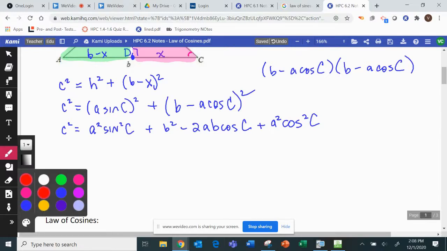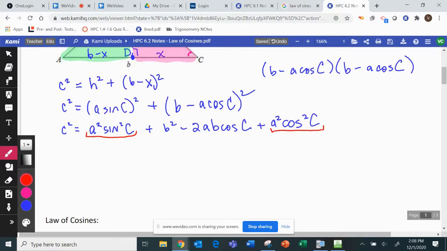One thing that I happened to notice when I was doing this by myself, preparing for today, is these two terms look a lot alike. They're not the same, but they do look a lot alike. The next thing that we actually do is write them next to each other.